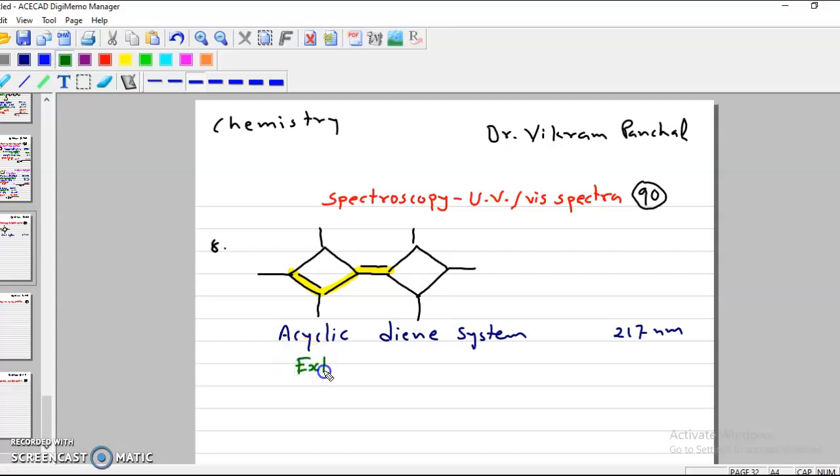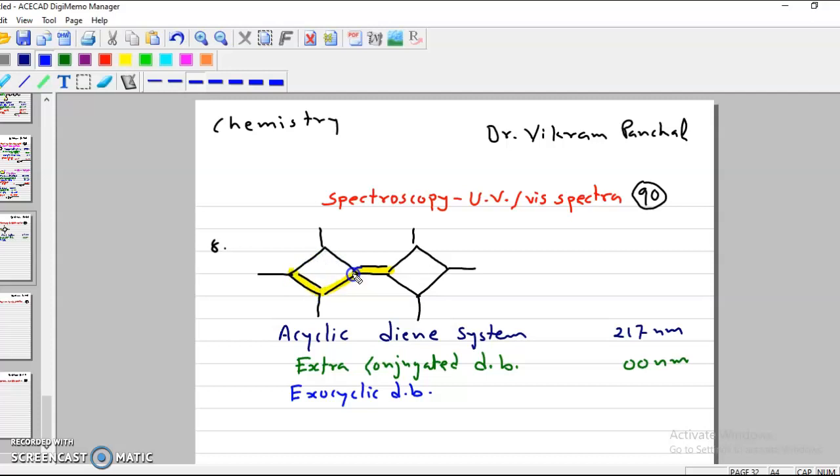So extra conjugated double bonds: 0. So we will add 0 nanometer for this one. Next, the exocyclic double bond. This double bond in the ring is an endocyclic double bond because both carbons are part of the ring.